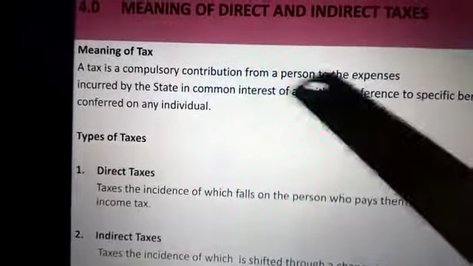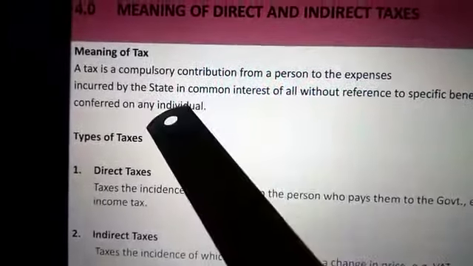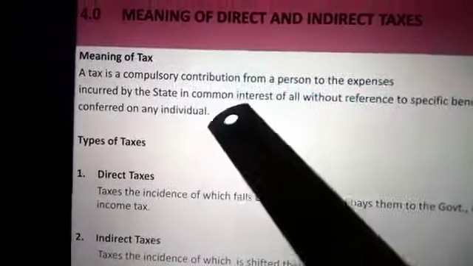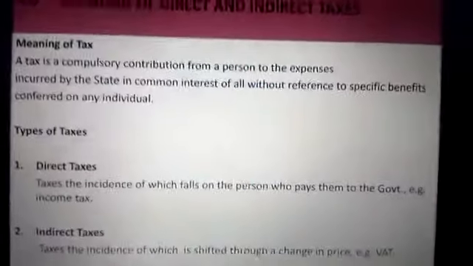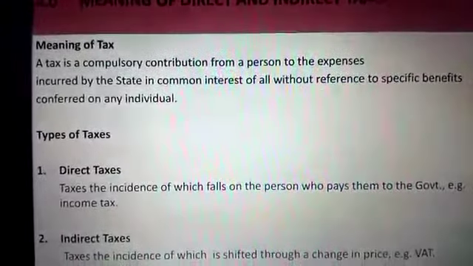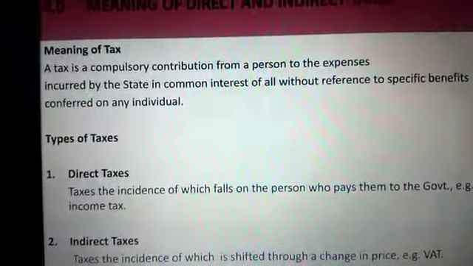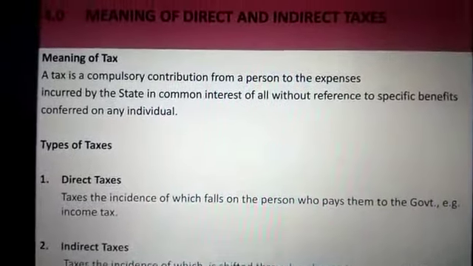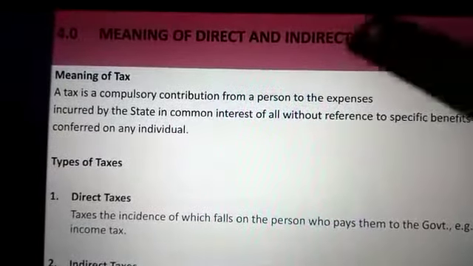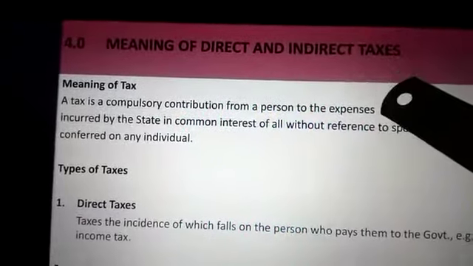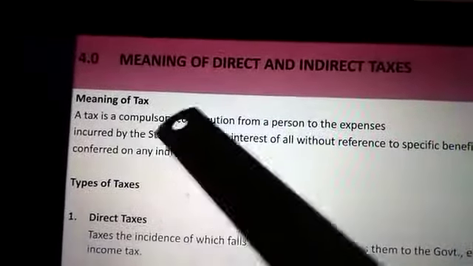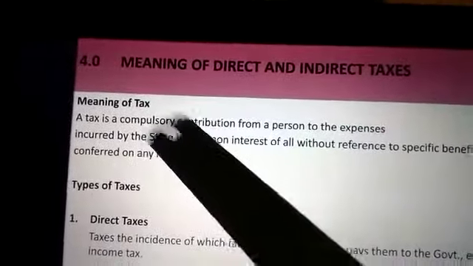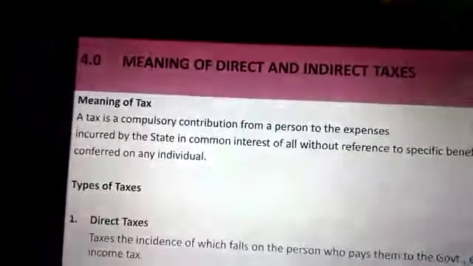To meet the expenses incurred by the state in the common interest of all, without reference to special benefits conferred on any individual. That means government spends money on the welfare of the people. For meeting those expenses, government wants people to make a compulsory contribution. That contribution is known as tax.